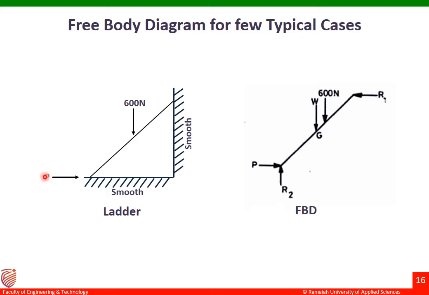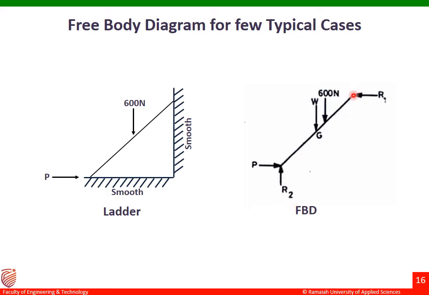Let us draw the free body diagram for this one. The ladder is in contact with the floor and in contact with the wall. So at the two contact surfaces, we have reaction forces. At this point we have the applied force and the reaction force, which is named R2.